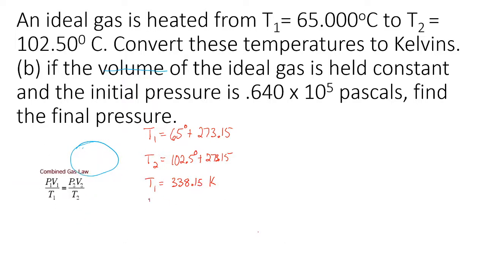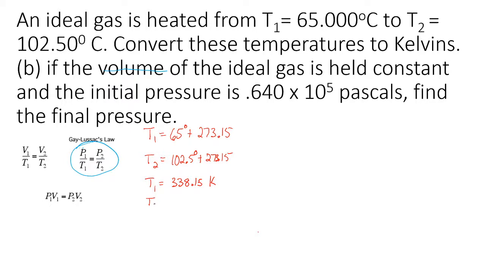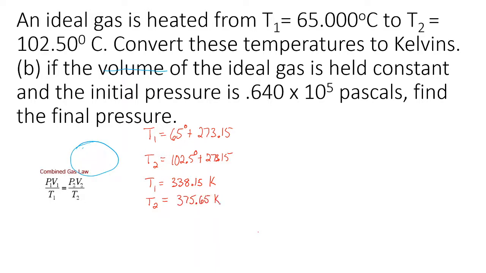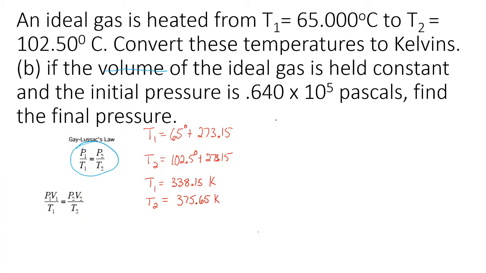Then T2 is 102.5 plus 273.15, which equals 375.65 Kelvin.